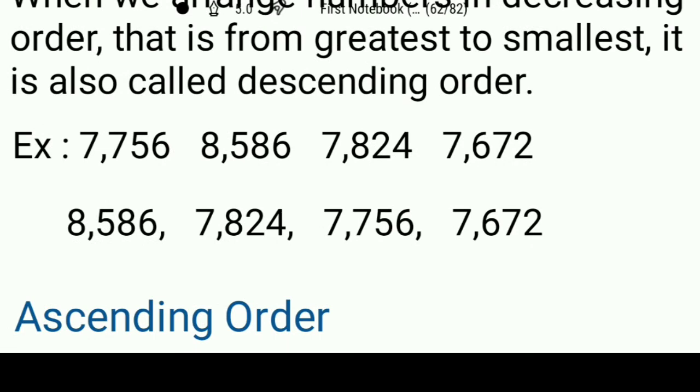Next, in this one, 7,000 and 7,000 and 7,000, 3 times are there. So after this we will see the 100 place. So the 100 place means 7,824 is greater.